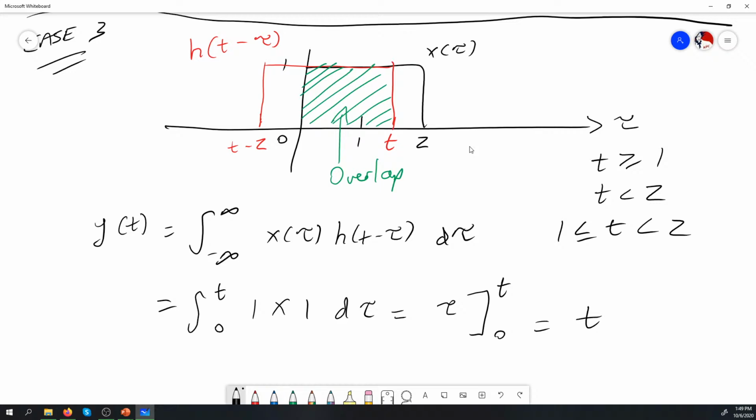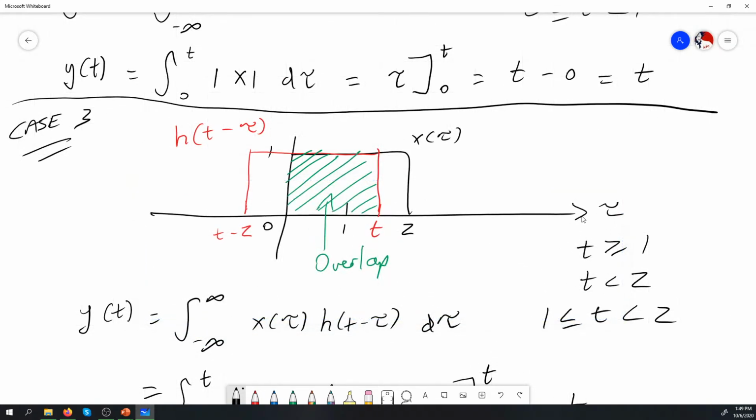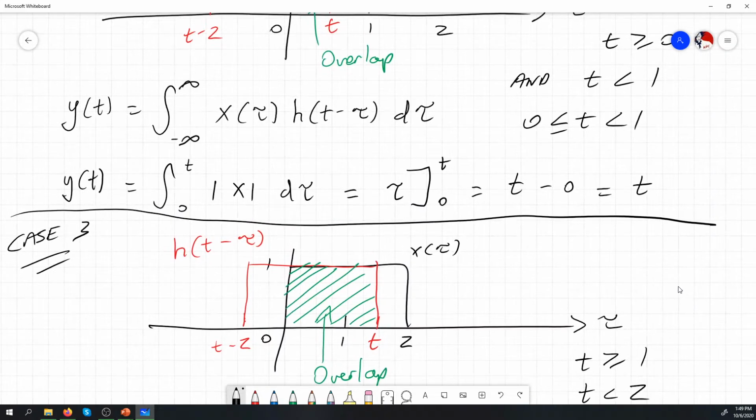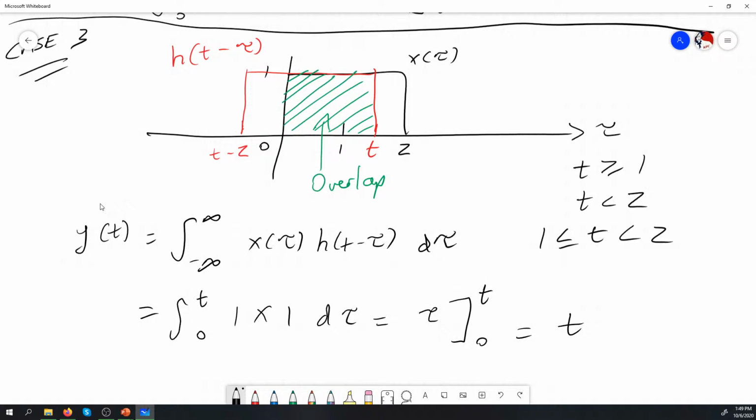Now, for this particular convolution, we see that case 2 and case 3 end up with the same end result. For case 2, we end up with a value of t for y of t, and for case 3, we also end up with a value of t for y of t.